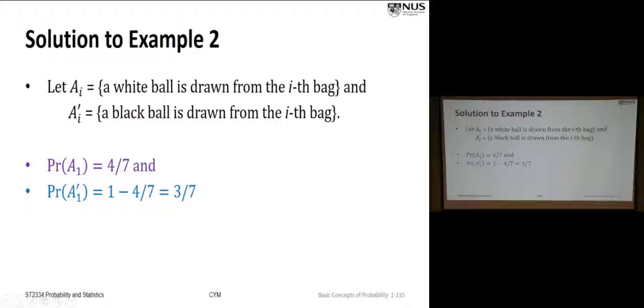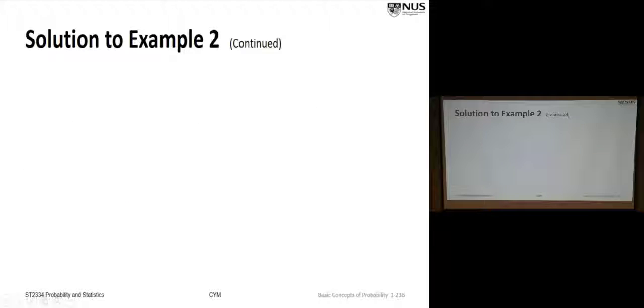So probability A1 complement, that means take a black ball out of the first bag, because they have 3 black balls, so it's 3/7, or 1 minus this number, because there are only 2 types of balls, black and white. All right. So a black ball simply means that it's a non-white ball, because there are 2 colors only.